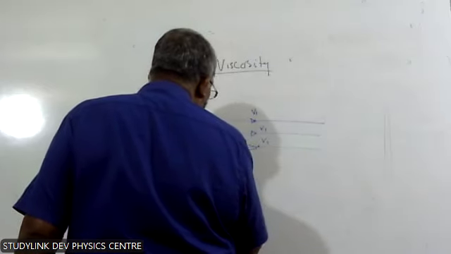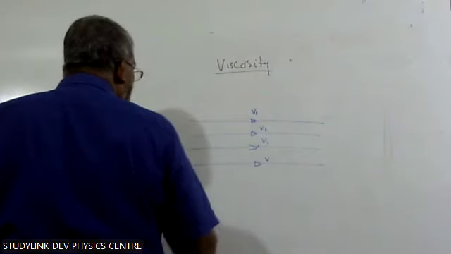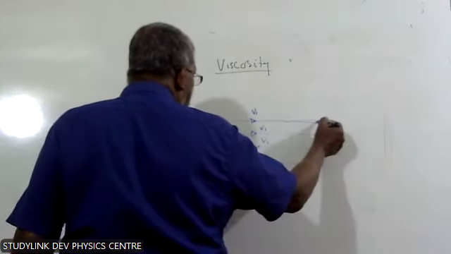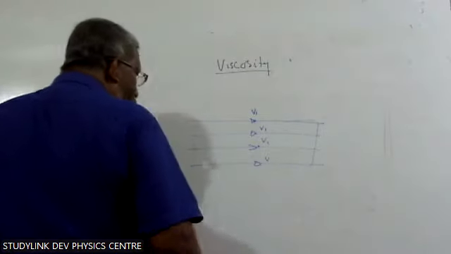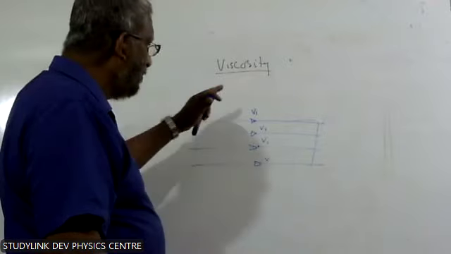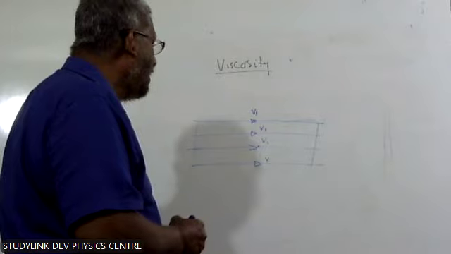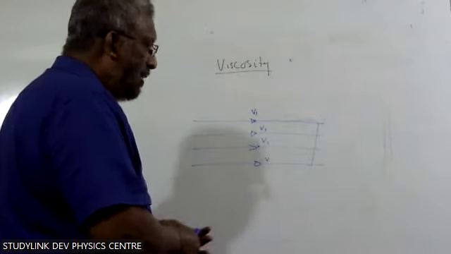Then when you join this, you get the shape of a lamina, all streamlines. Then it is called laminar flow.